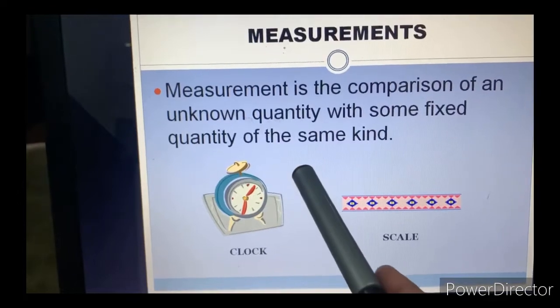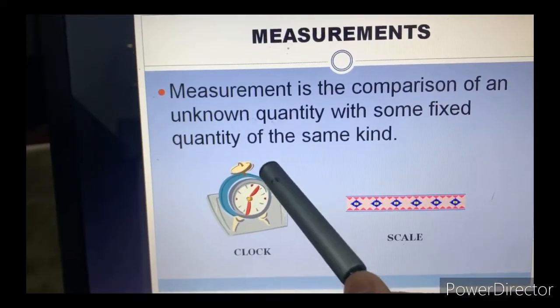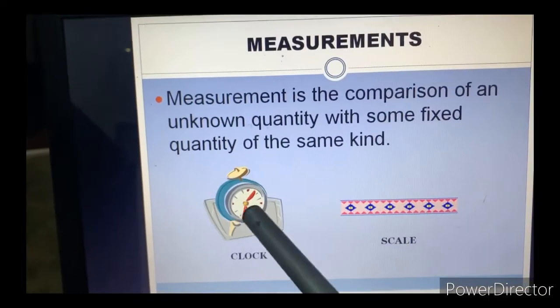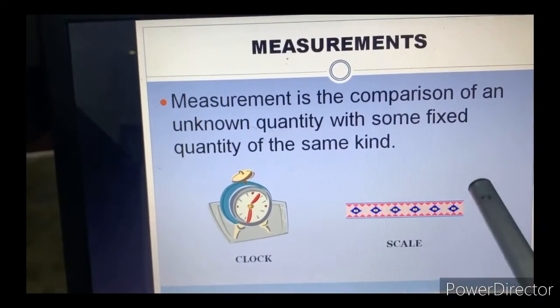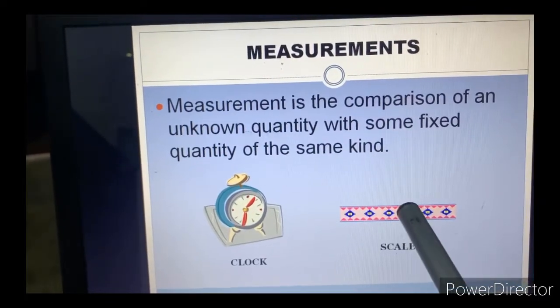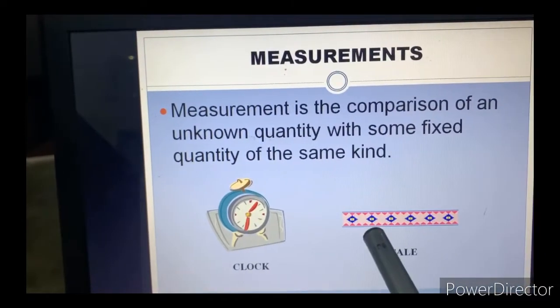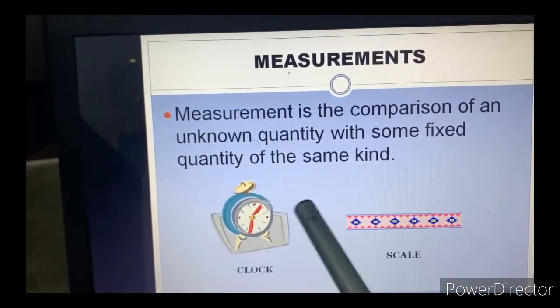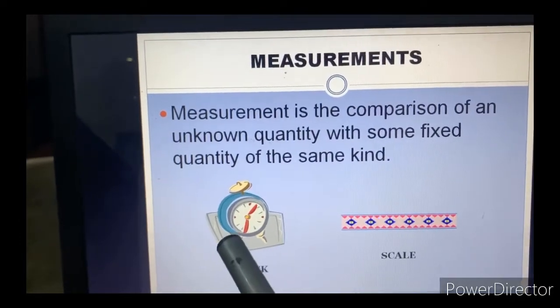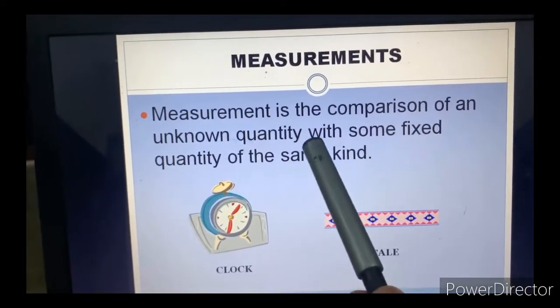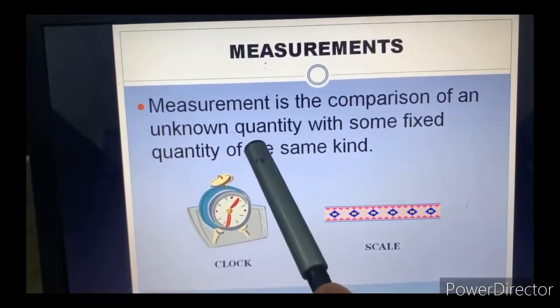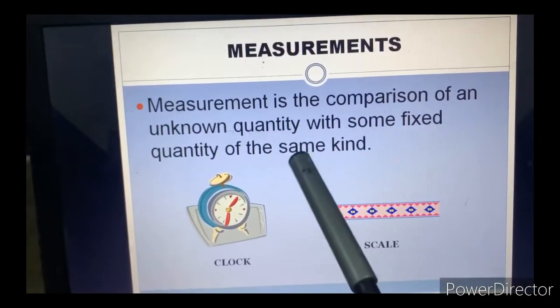It means you are measuring time in this clock and you are measuring length in the scale. So unknown quantity with the scale is length and known quantity, or fixed quantity, is the scale. Understood? So measurement basically is the comparison of an unknown quantity with some fixed quantity of the same kind.